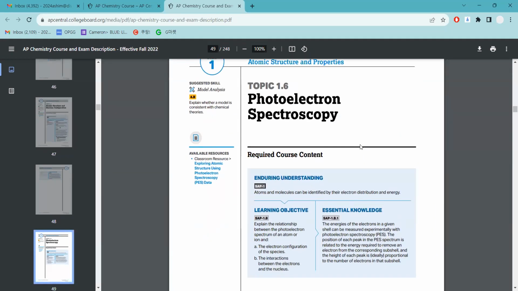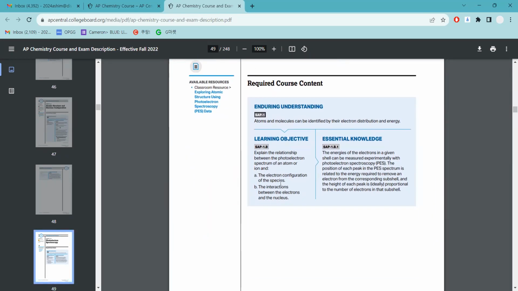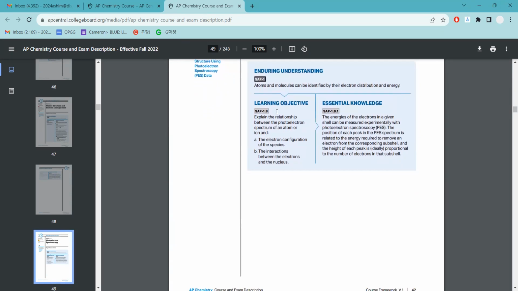And the next is photoelectron spectroscopy. This is, I would say, the free questions in AP Chem, where the objective talks about the relationship between the photoelectron spectrum of an ion to find the electron configuration and the interactions.